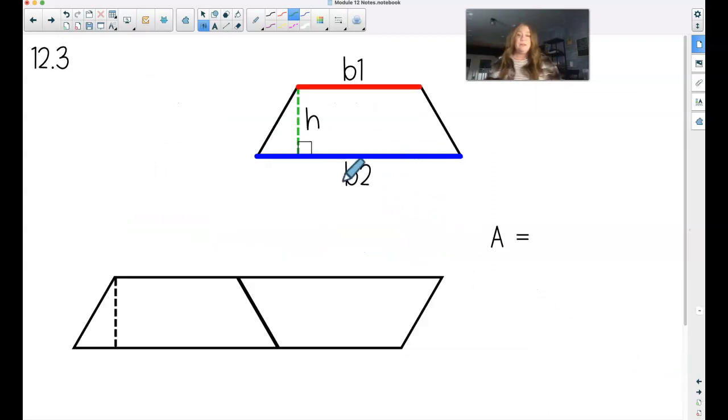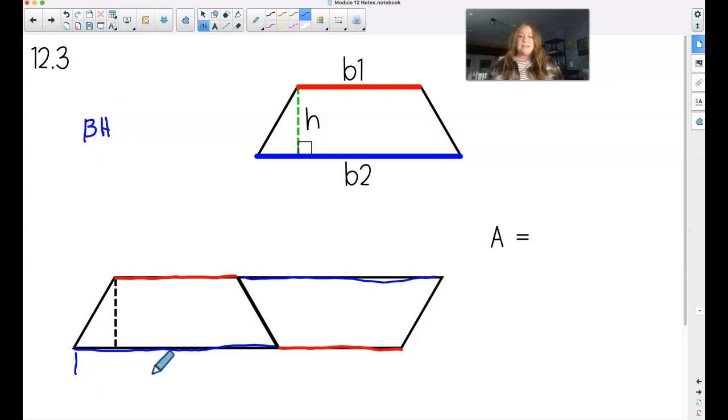So our formula here, so what we want to do is we have these bases here. It's like I looked at before, right? Here's base 1 and it matches down here. And then base 2 is here on the bottom, is matching here. So in order to find the area of a parallelogram, we would do base times height.